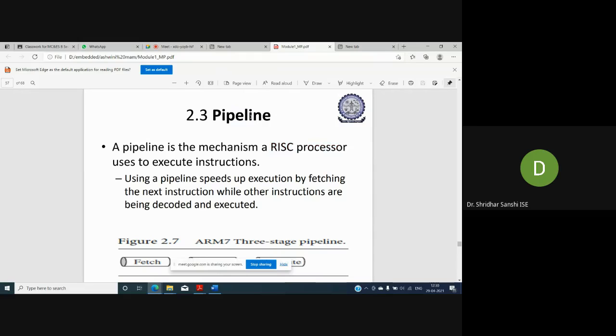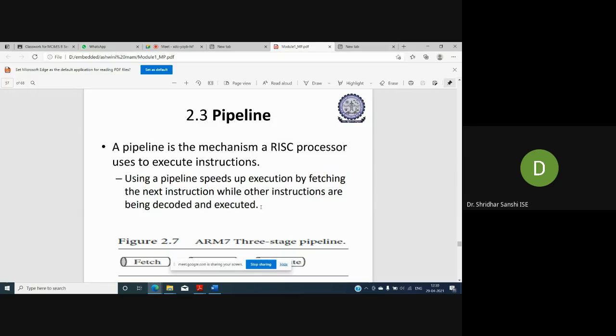Okay, so how does it increase the speed of execution? Using a pipeline speeds up the execution by fetching the next instruction while other instructions are being decoded and executed.